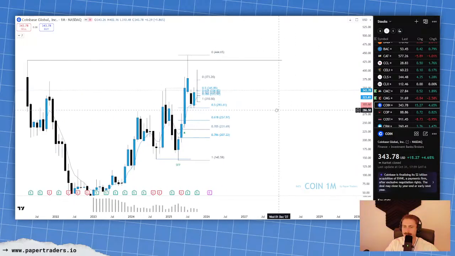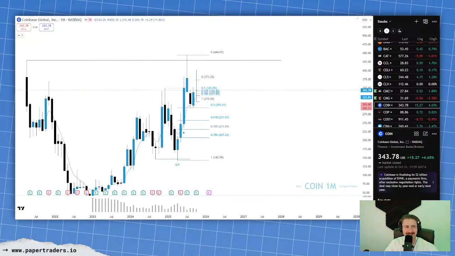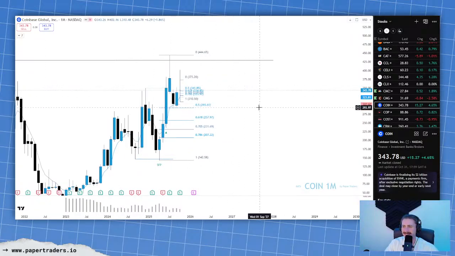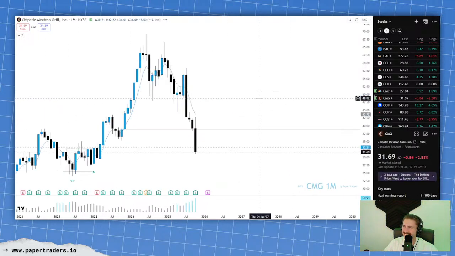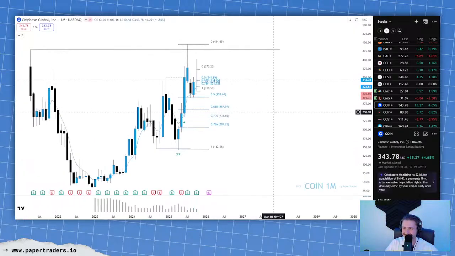Or run coin. No. CFG versus McDonald's. God, dude. The stocks speak for themselves.